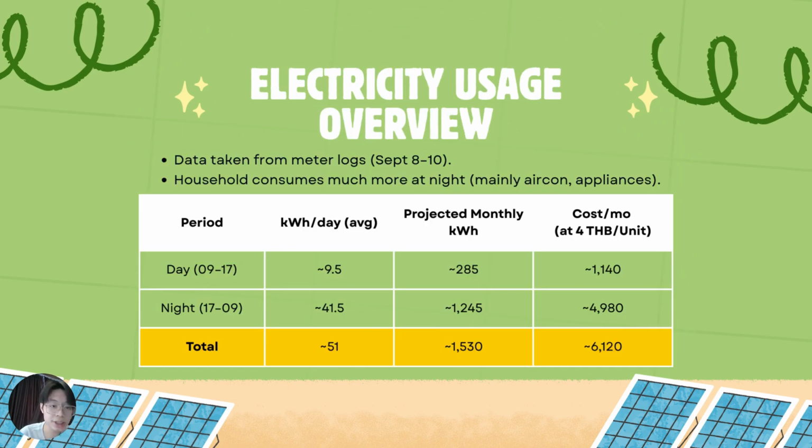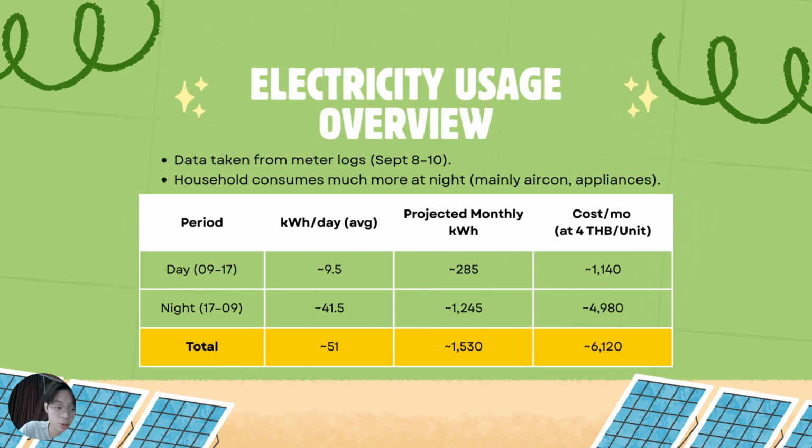Okay, as you can see, this is a table below that I have analyzed from the data points in the previous slides, and you can see the daily usage compared to the nightly usage in this column. During nighttime, my house will be using almost 4.5 times more than daytime.